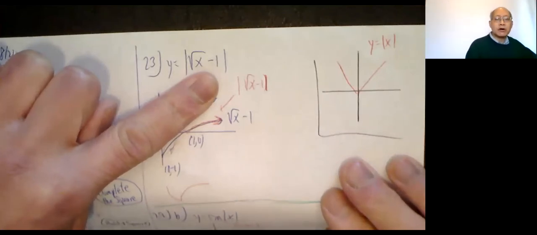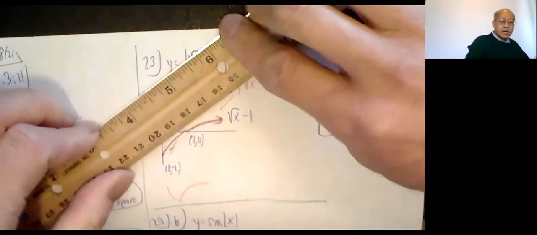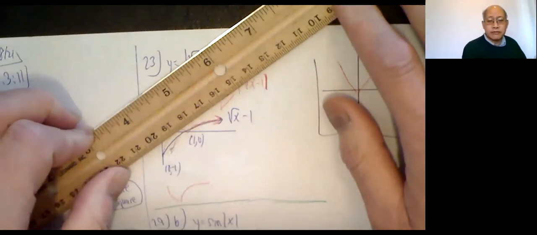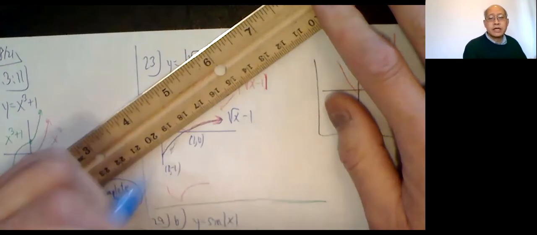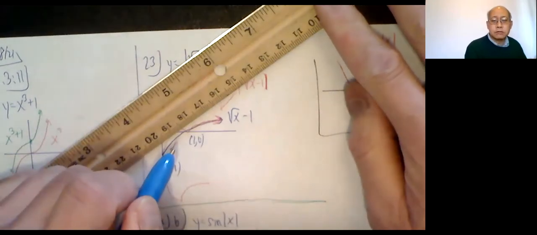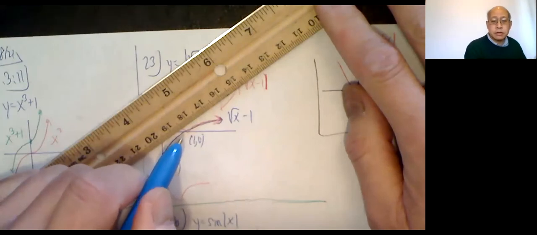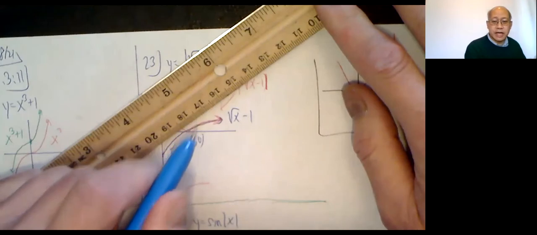All right, now I'll consider absolute value. So how do I tackle absolute value of this graph, or actually any graph? Now, the absolute value of 0 is 0. The absolute value of a positive number is positive, so it stays the same.